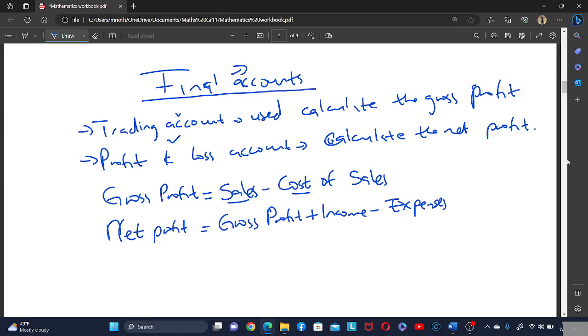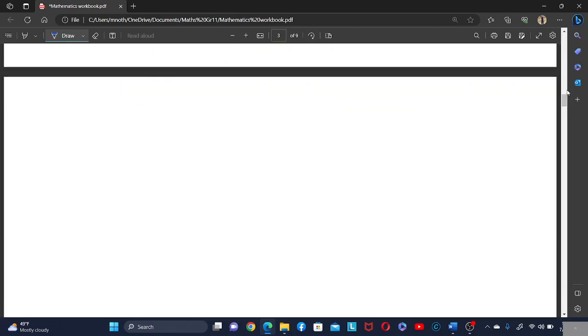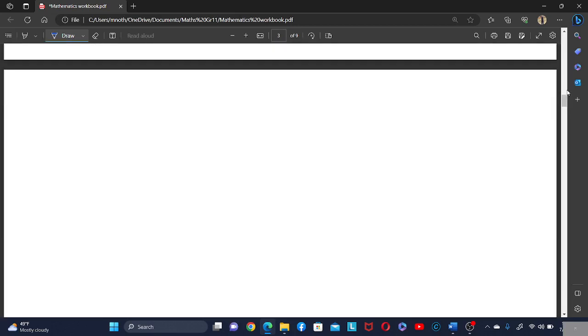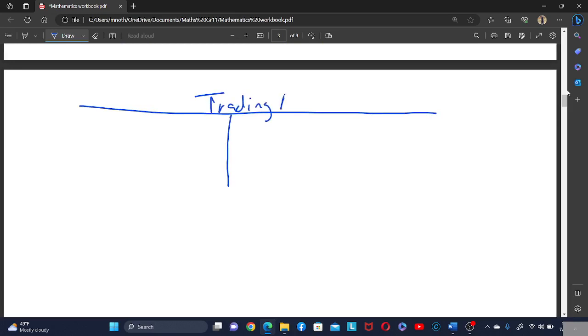Okay, but then let's look at the trading account. How is a trading account prepared? So this is a trading account. We have the debit side and the credit side.